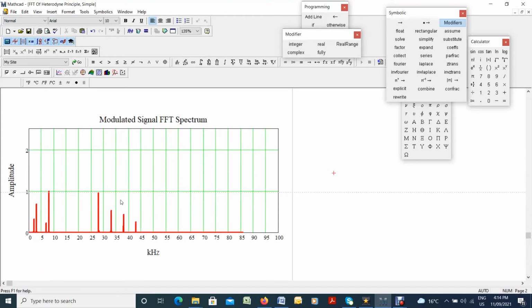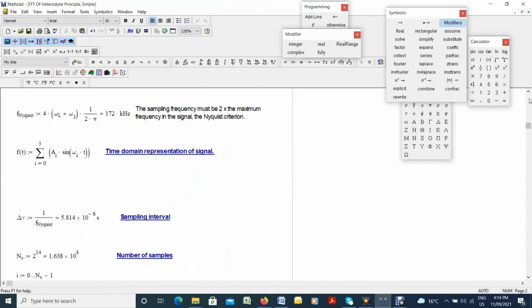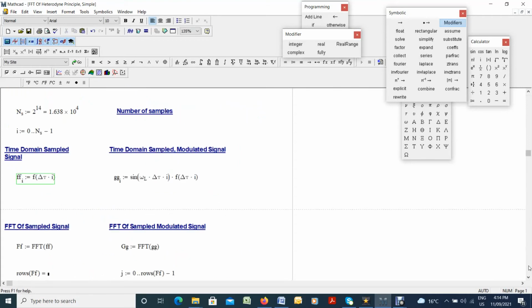This is the sum frequencies, which we're not interested in anyways. We'll get rid of those by filtering. But just to sum things up, let's increase this numerical simulation modulator frequency to 35 kilohertz and see what the resulting output spectrum looks like.